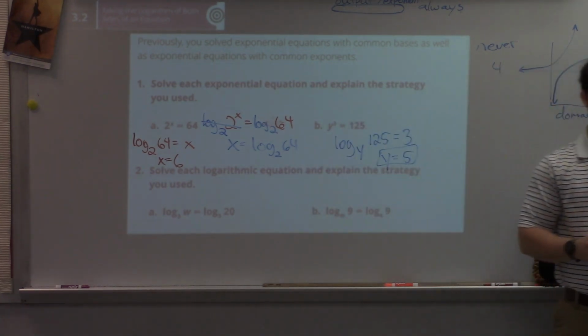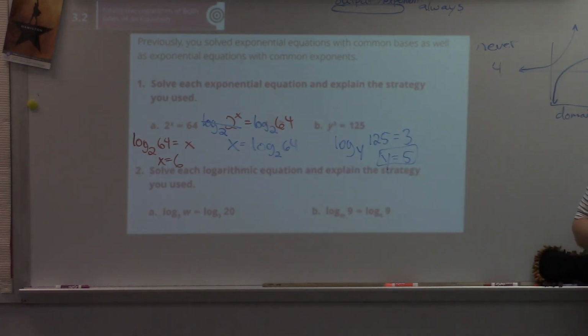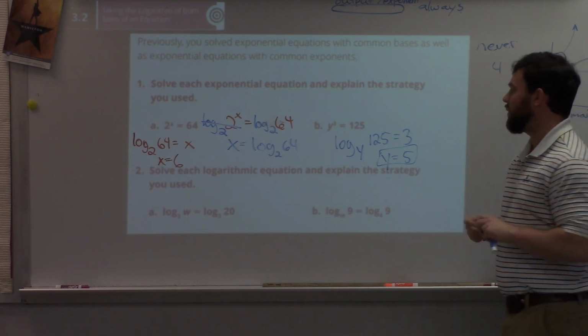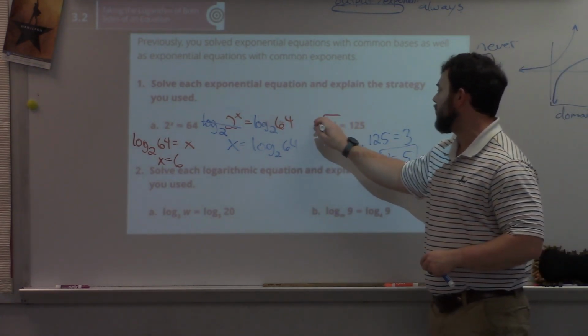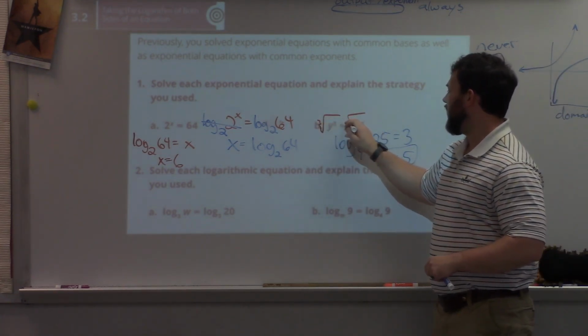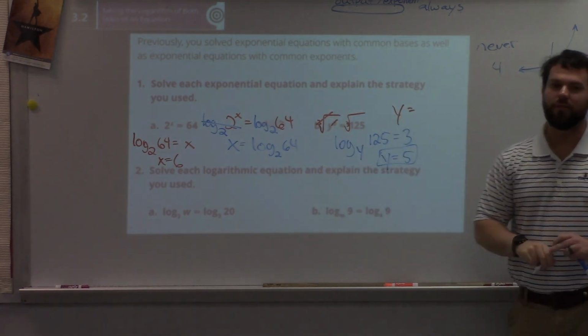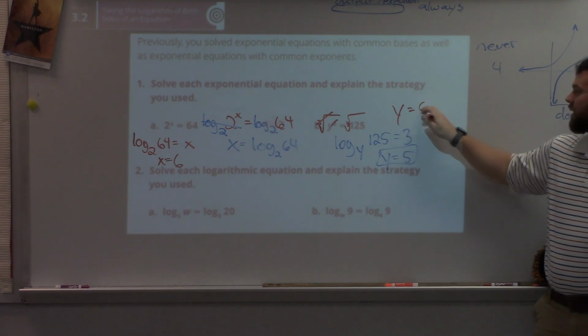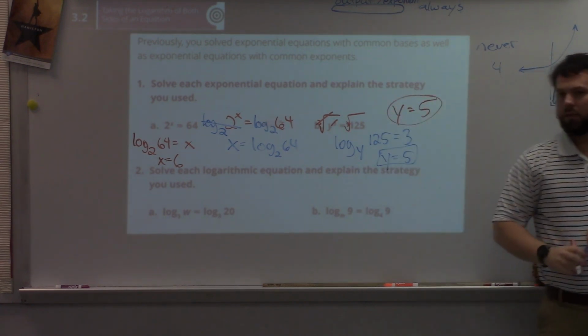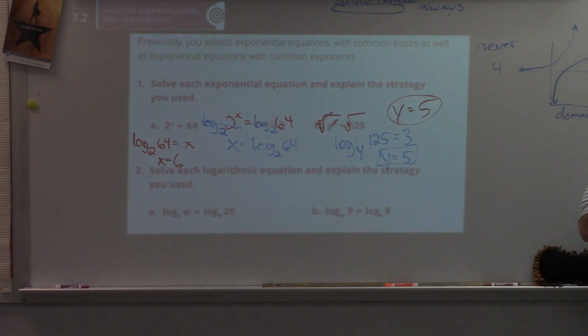What's the inverse of a cube? Cube root, right? I wouldn't use a logarithm here. I would take a cube root. The cube root cancels the cube, and guess what? What's the cube root of 125? 5. Does it give me the same answer? Use your inverses. Okay? So we want to pay attention to that.